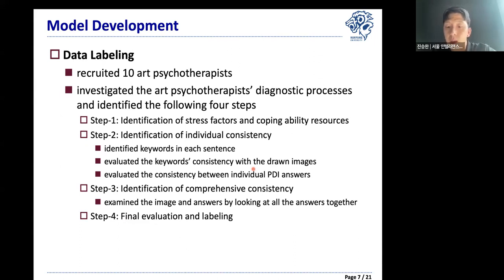At the second step, the therapist identifies keywords and evaluates the keywords' consistency with the drawn images, and then evaluates the consistency between individual PDI answer sentences and with drawn images. In the third step, therapists identify comprehensive consistency by looking at all the answers and drawn images together. And lastly, therapists make their decision and label the data for classification, stressed or not stressed.